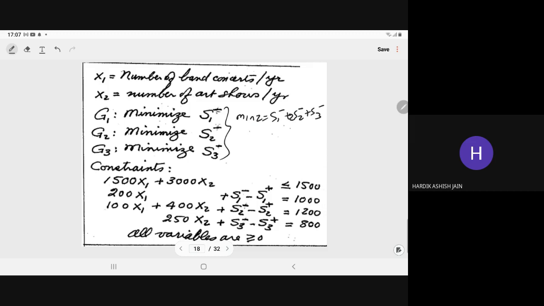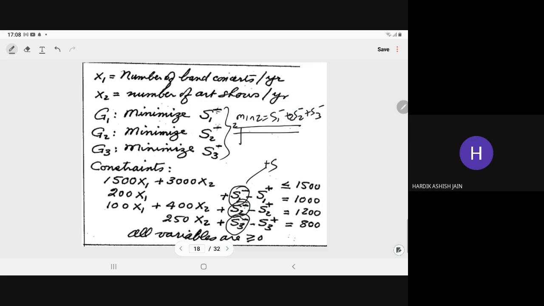Can you tell where we require the slack, meaning what are the starting basic variables? Yes, here we have to add the slack variable s. Then s1 minus, s2 minus, s3 minus can form the identity matrix.